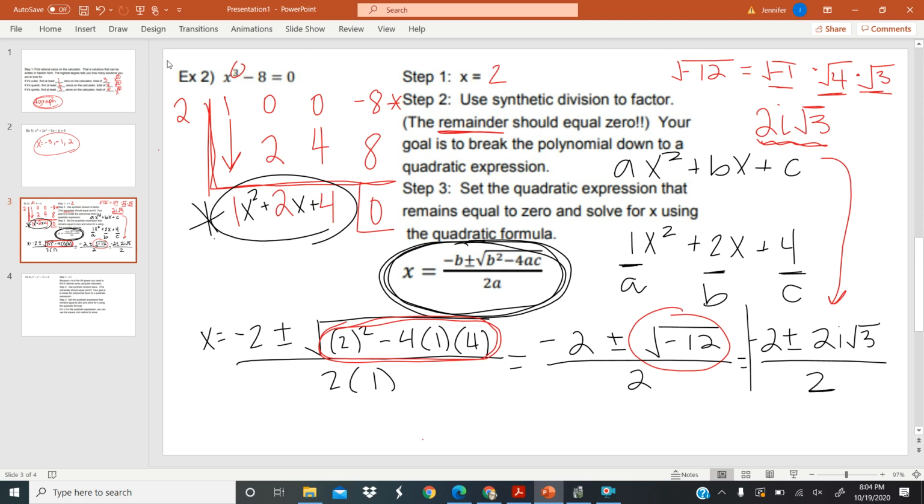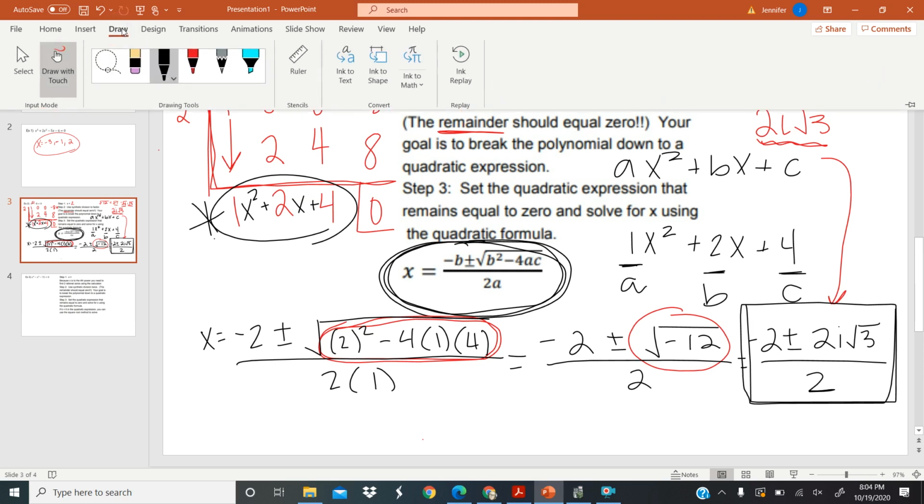And then once you hit this point, the only thing that you can simplify further is if your number in front, your negative b, and a number in front of the radical, so the 2, and the denominator can be simplified.